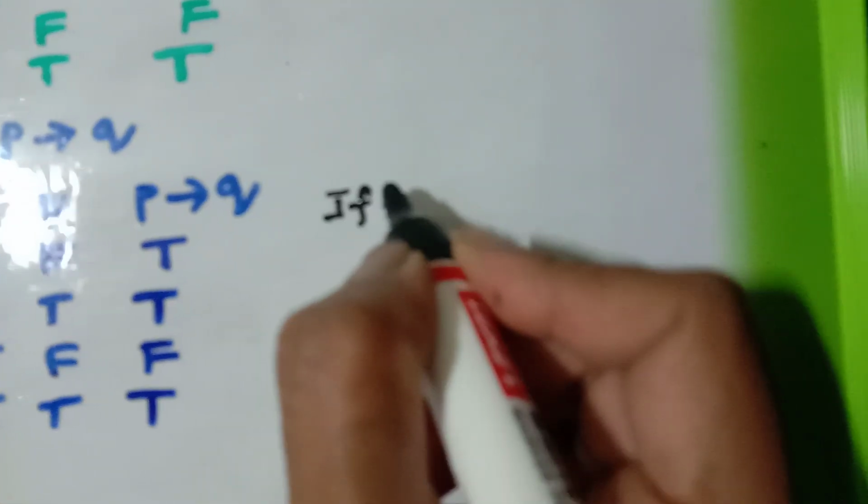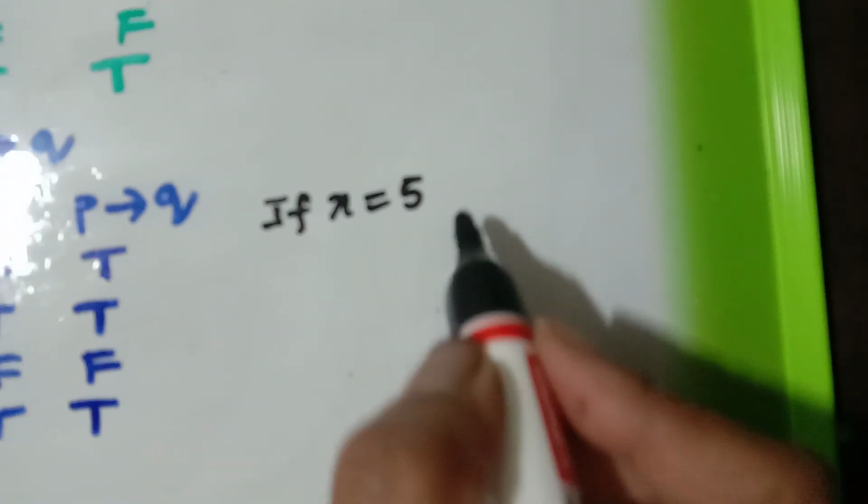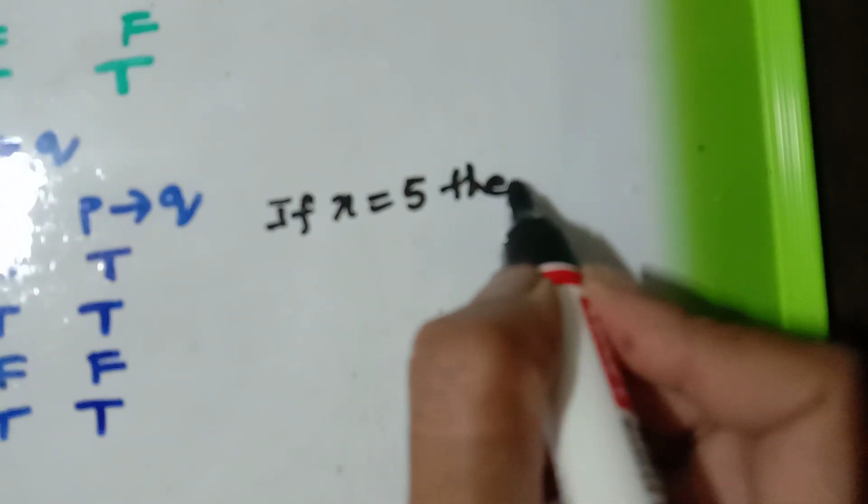So to understand this a little better, let us take up one mathematical statement which will give you an idea of this P implies Q. So let me write one statement. If x is equal to 5, then x square is equal to 25. P implies Q is basically like an if-then statement.